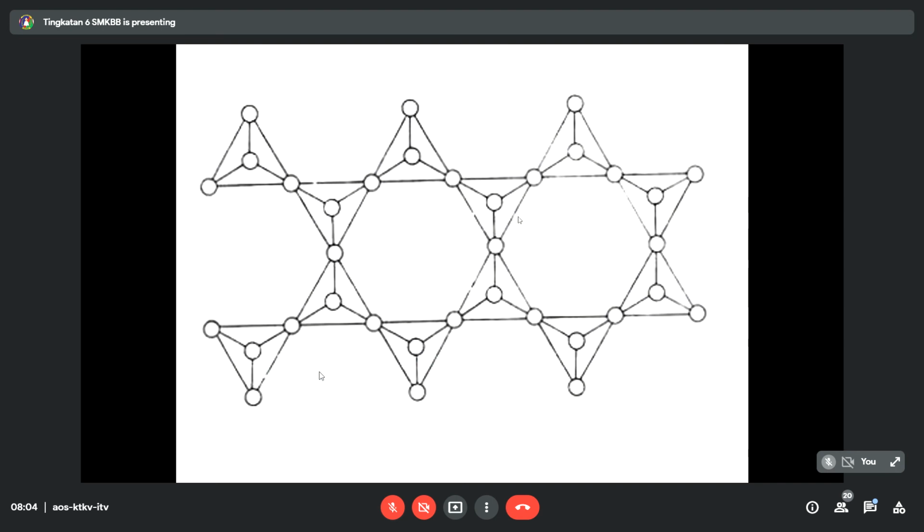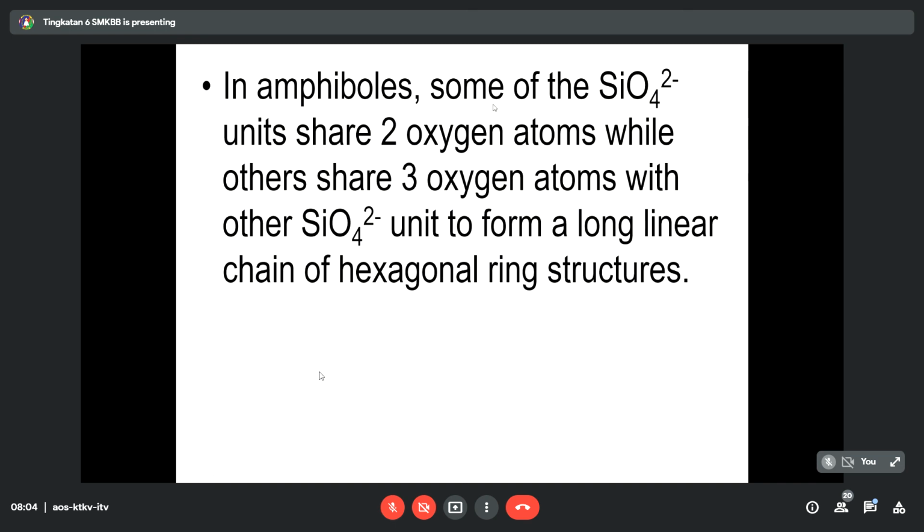Okay, or you prefer like this one, isn't it? There, double chain, one on top, one below, alternate. This one up down, up down, up down. This one is down, up, down, up, and then they join, sharing another oxygen. Okay, in amphibole, some of the silicate units share 2 oxygen atoms, while others may share 3. Get that, yeah?